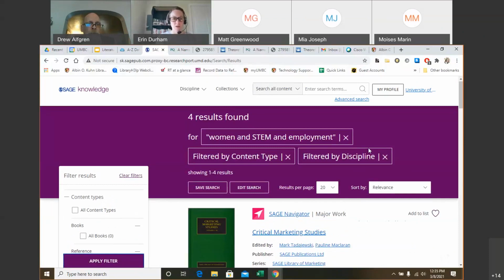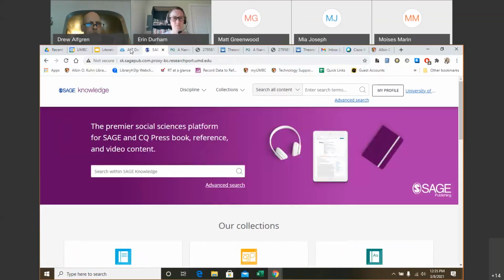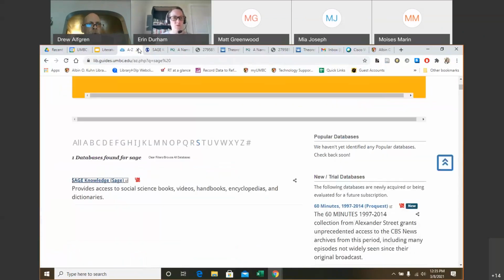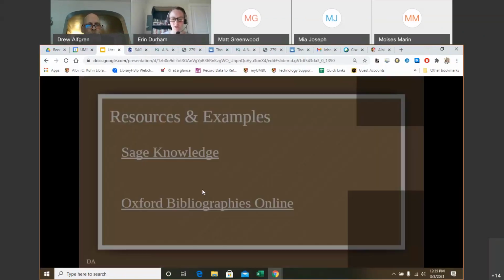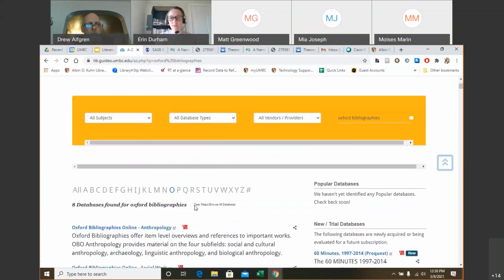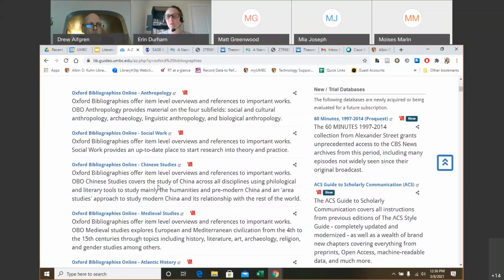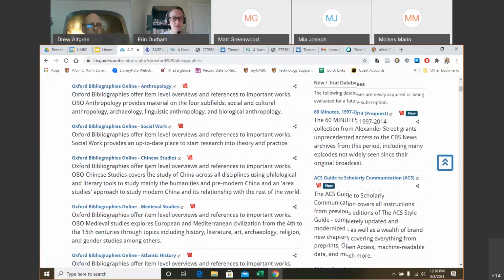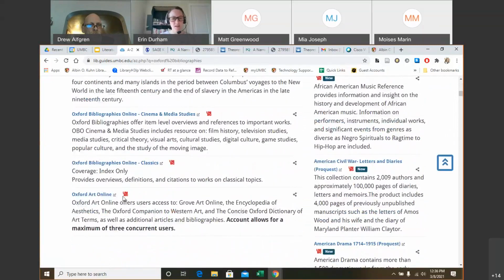Anything else? We could do another search. Actually, Oxford Bibliographies might be a good one, so let's do that example next. This is a good example of bibliographies on the topics that we have. So we currently have anthropology, social work, Chinese studies, medieval studies, Atlantic history, cinema, classics, and some art, right?